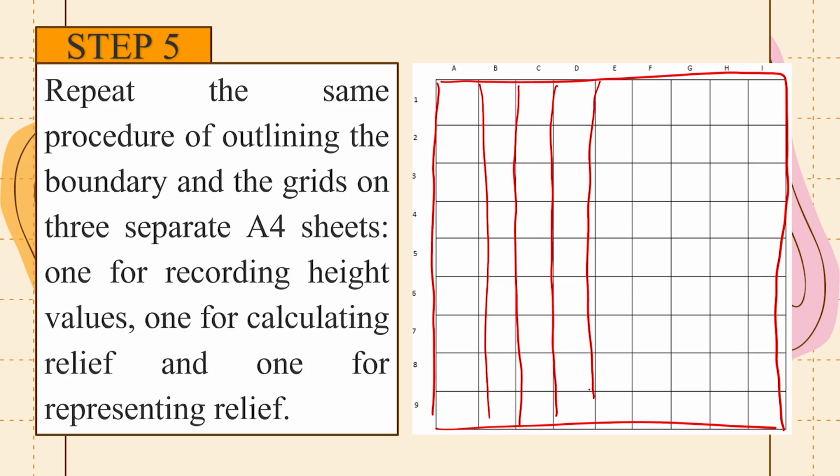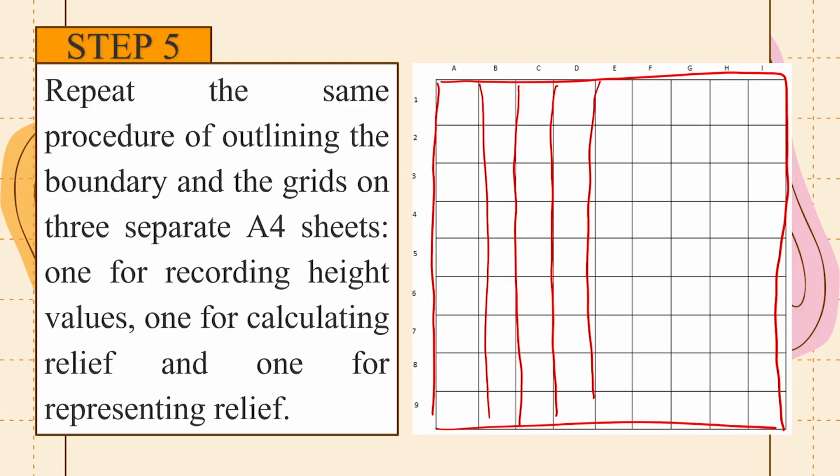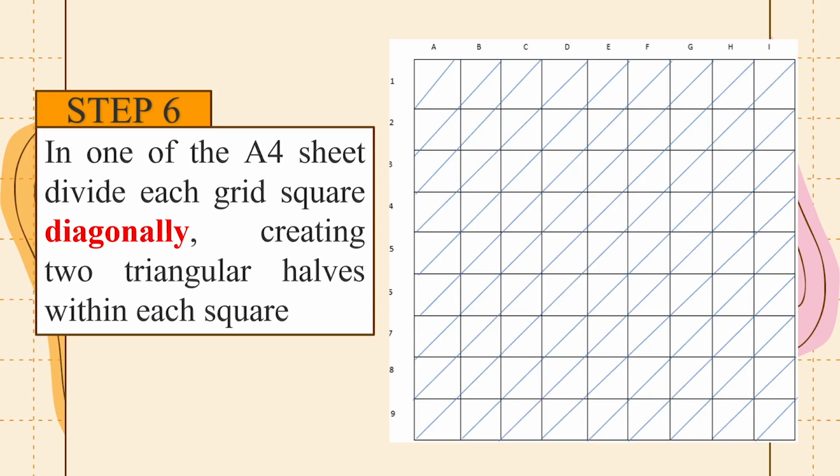In order to easily understand and execute our manual practical. One sheet is for calculating the relative relief, one sheet for recording the height values, and one more sheet for representing it in the form of a map. By doing this, we will have 3 more additional A4 sheets with all the grids and one quadrant block.